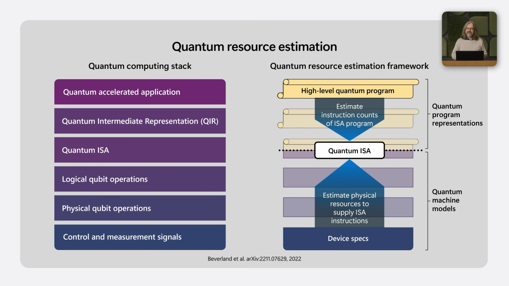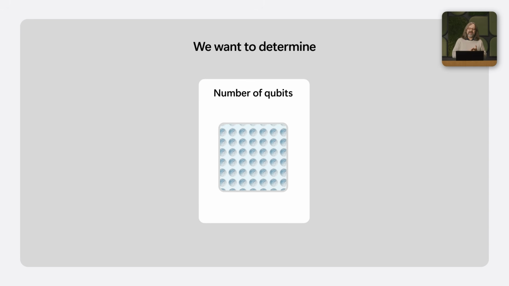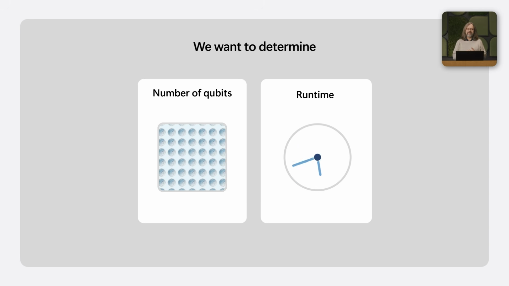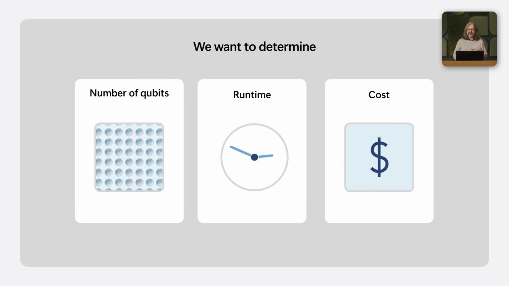The next step then is to assume certain qubit types, qubit fidelities, and qubit gate speeds, and calculate the physical requirements to match the logical ones. And then we want to know the number of qubits, the runtime, and, what is new today, we also want to consider the cost of the computation.